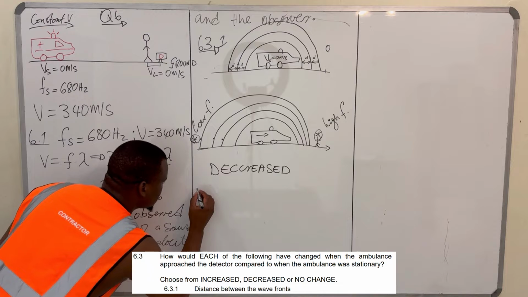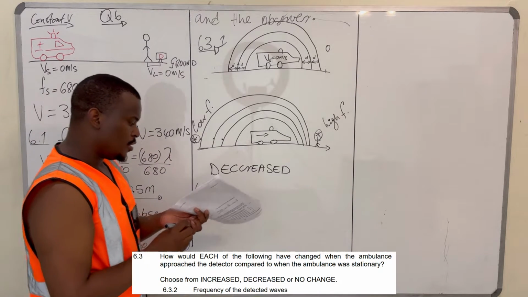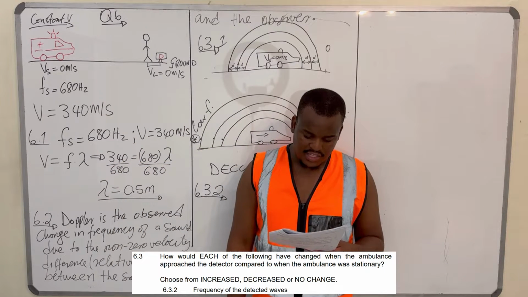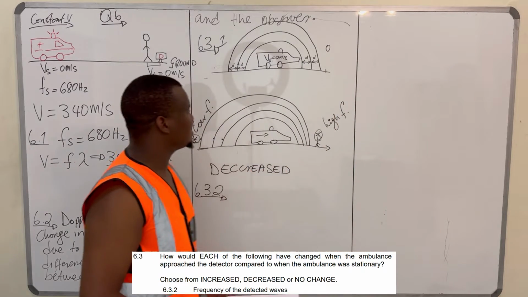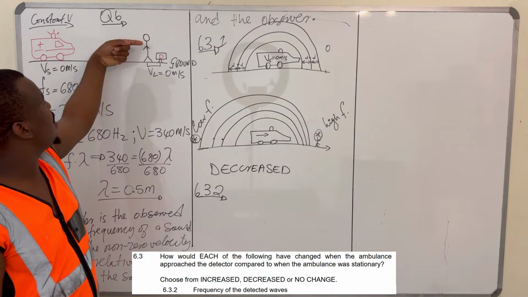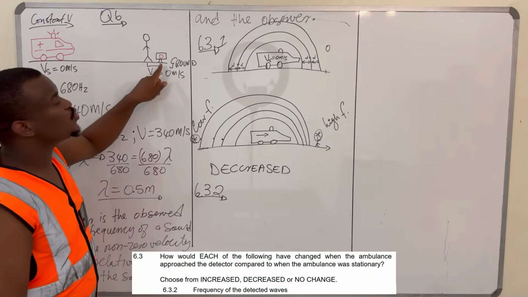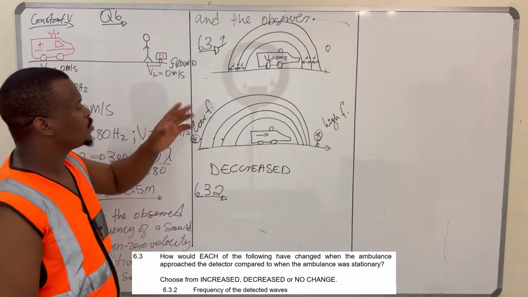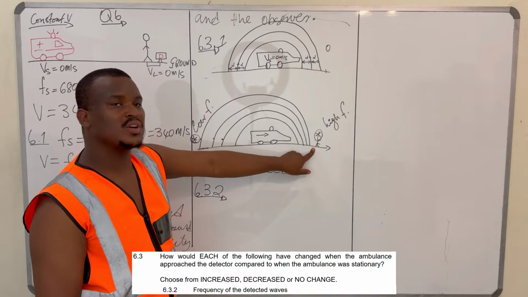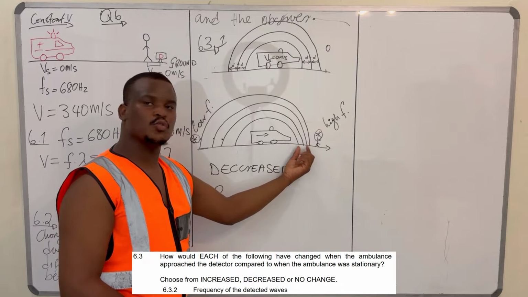Go to the next one, 6.3.2. What are they saying? They are saying the frequency of the detected waves. I've already answered that. Our ambulance is moving towards the detector, so the wavefronts are closer together.